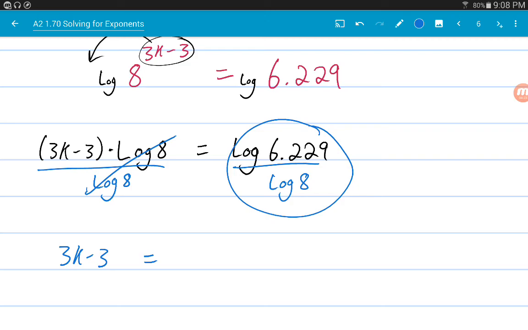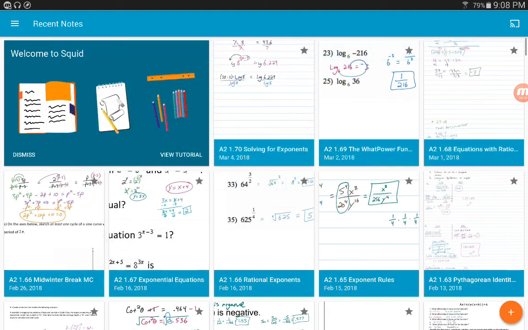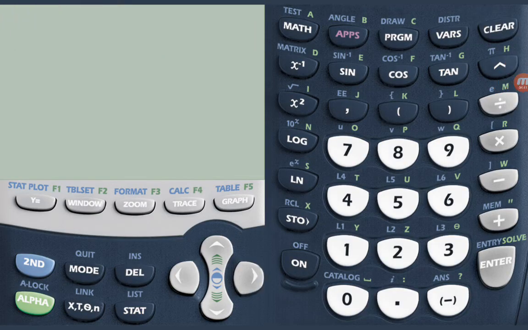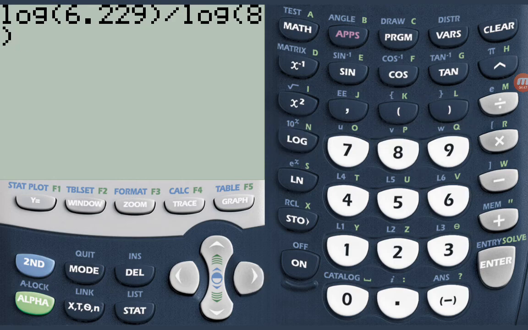I'm going to figure out what that is in the calculator. Log of 6.229 divided by log of 8. Make sure that you're always closing your parentheses.